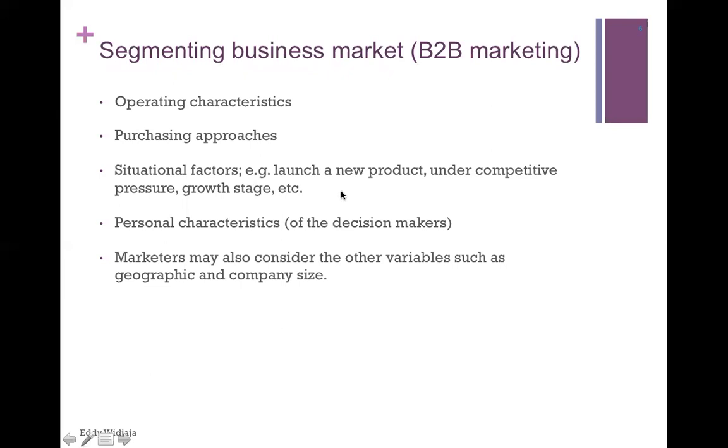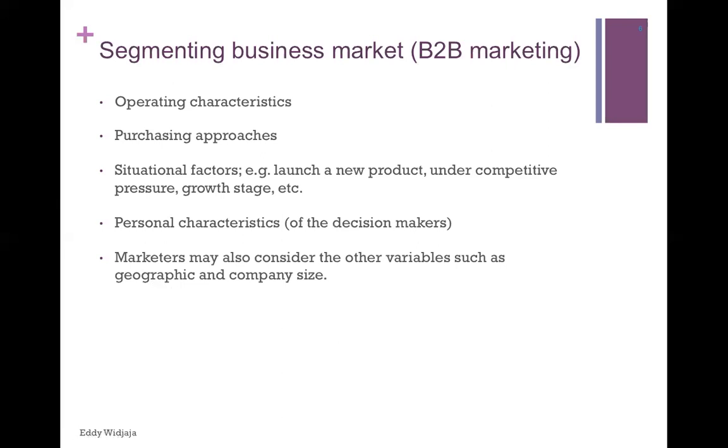Situational factors, whether this company is launching a new product, or is under competitive pressure, or is in a growth stage, for instance. And personal characteristics of the buyer decision maker, such as are they risk takers or not? Are they ambitious? You can also talk about their demographic profile, and add the geographic profile of the company.